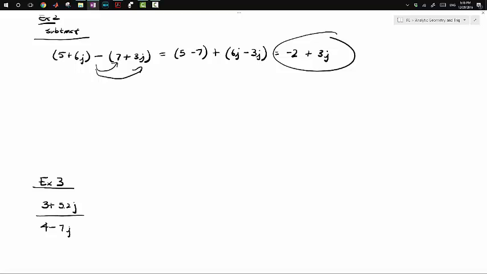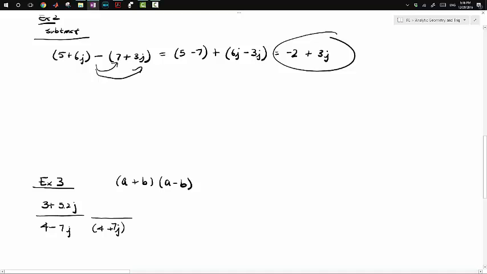In order to divide with complex numbers, you have to multiply the denominator and numerator by the denominator's conjugate. As you might recall, if we're given a plus jb, the conjugate would be a minus jb. So the denominator's conjugate will be 4 plus 7j.